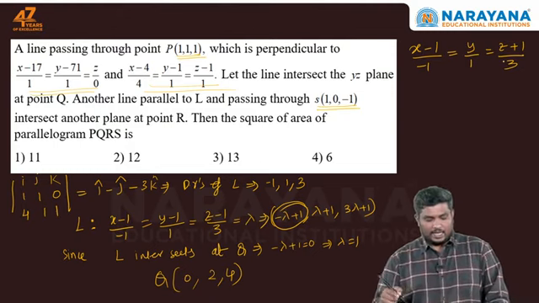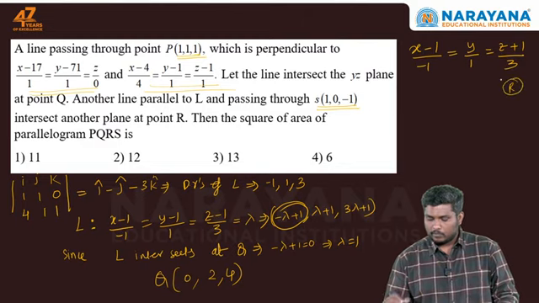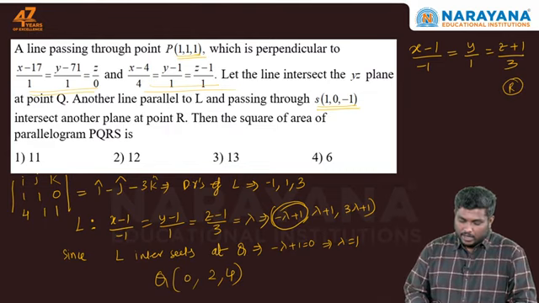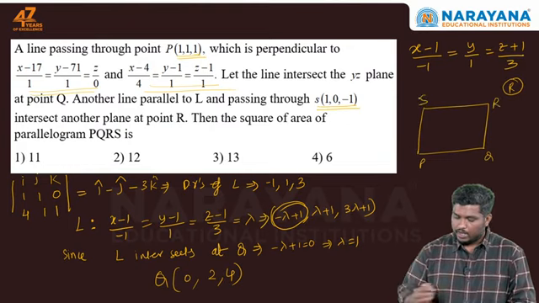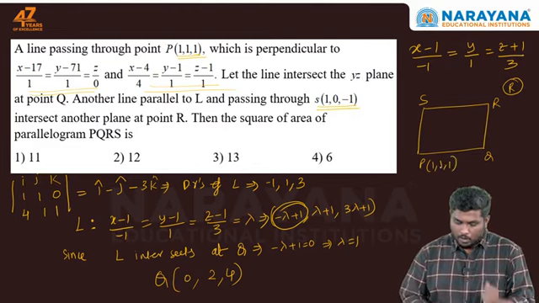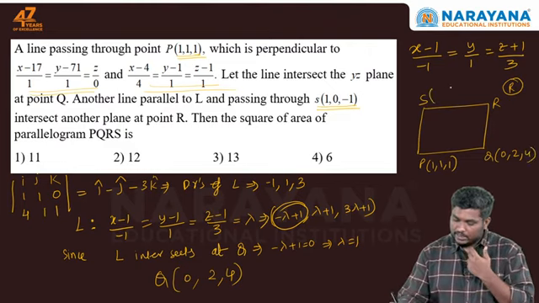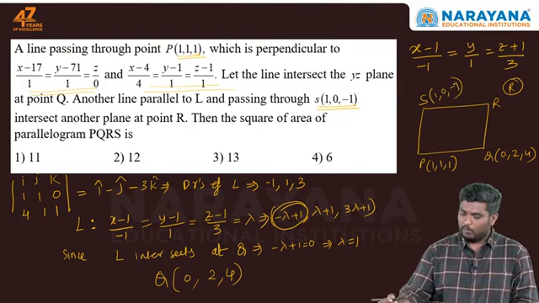It is telling us this line intersects another plane at a point R. Then we need the square of the area of the parallelogram PQRS. What is P? (1, 1, 1). The coordinates of Q are (0, 2, 4). And S coordinates are given as (1, 0, minus 1).